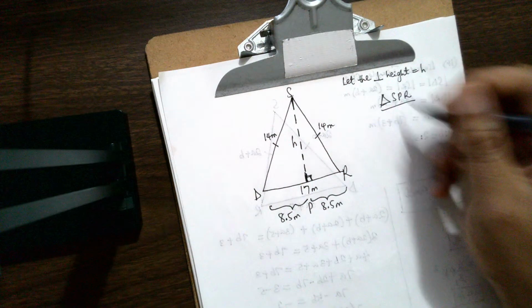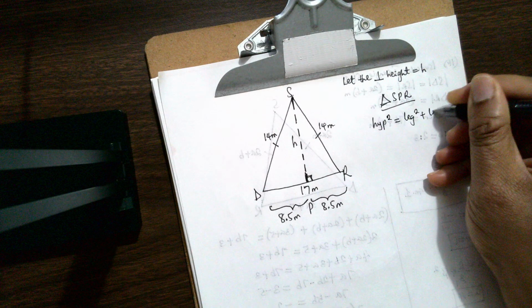So from the Pythagorean theorem, hypotenuse squared is leg squared plus leg squared. So we now have that 14 squared is h squared plus 8.5 all squared.